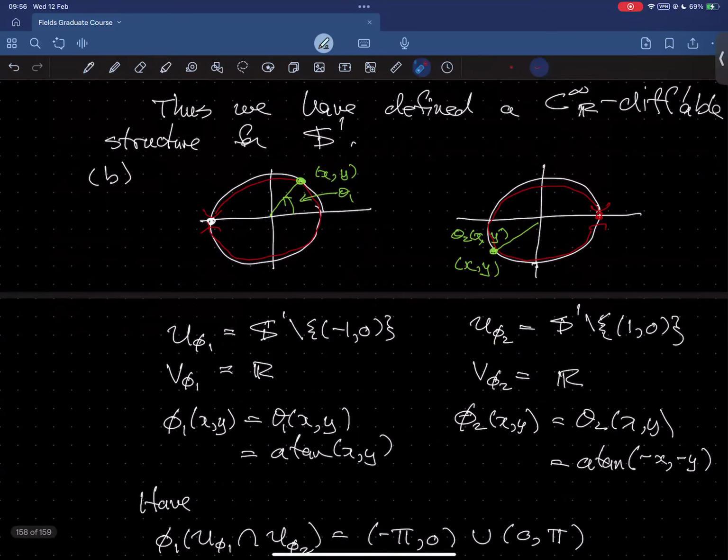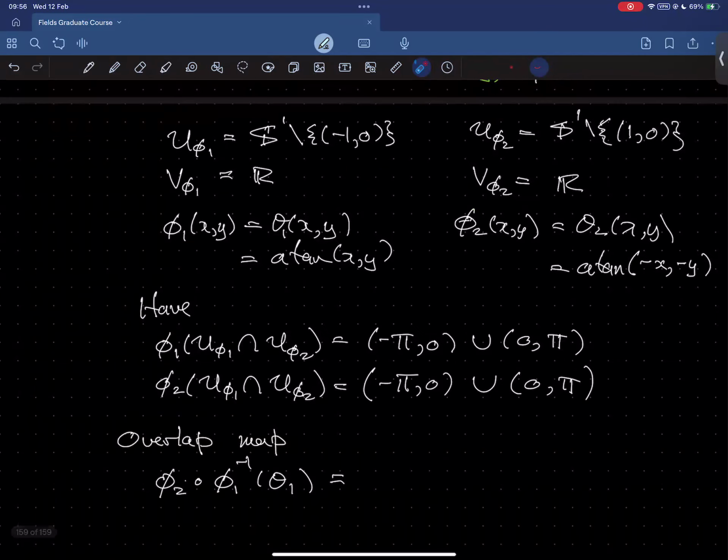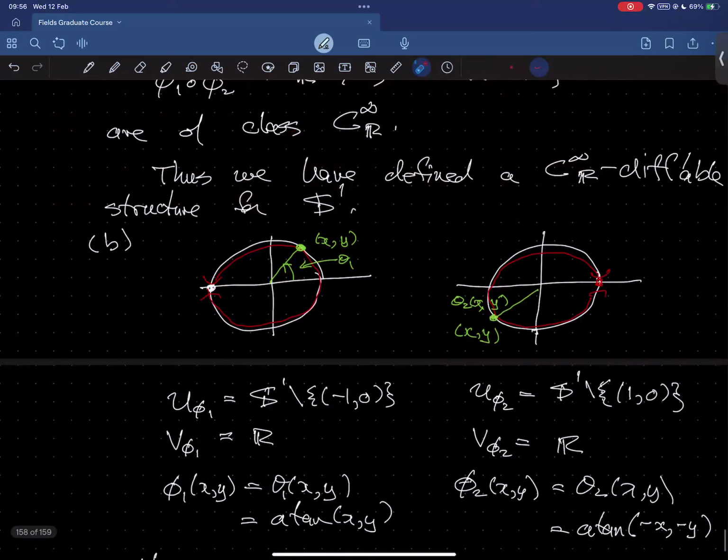Okay, so let me take a point in the region where theta 1 is between 0 and pi. That's going to be up here. So I'm going to take a point in this arc of the circle, which will have an angle theta 1 between 0 and pi, and I want to figure out what the angle theta 2 is.